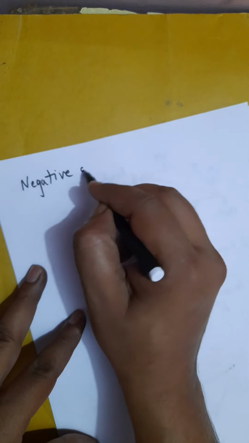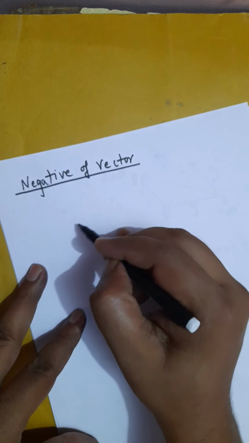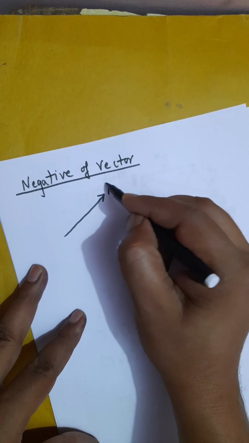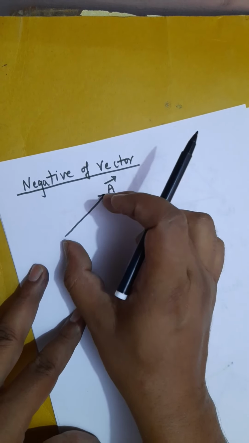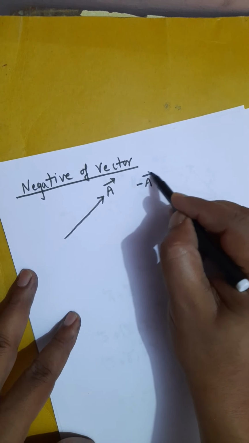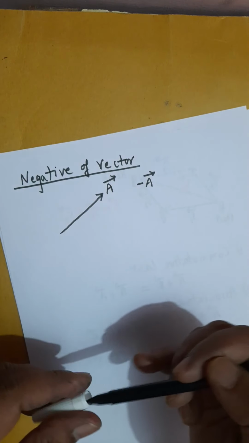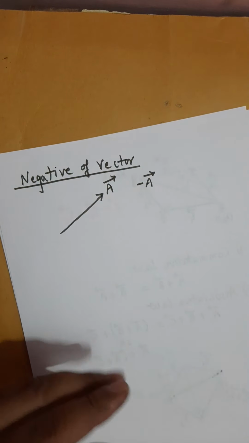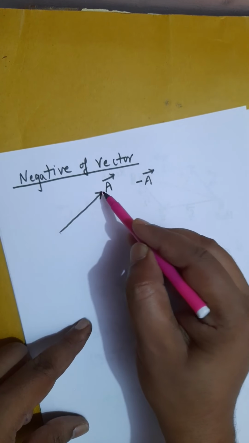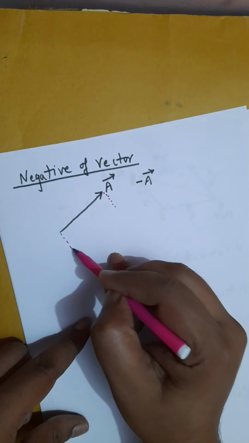What is negative of any vector? Well, if you have a vector in a specific direction, and let's say it is our a vector having certain length, then minus of a, that is negative of vector a, is actually another vector which has exactly the same length, but it will be completely opposite to the first vector.